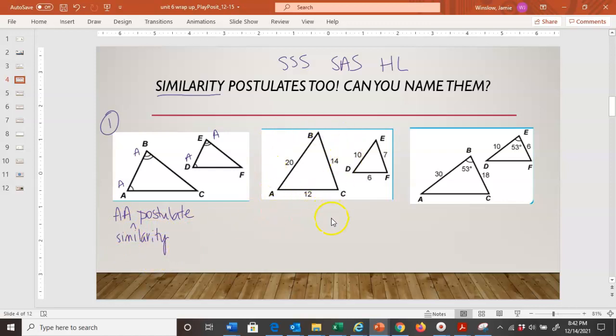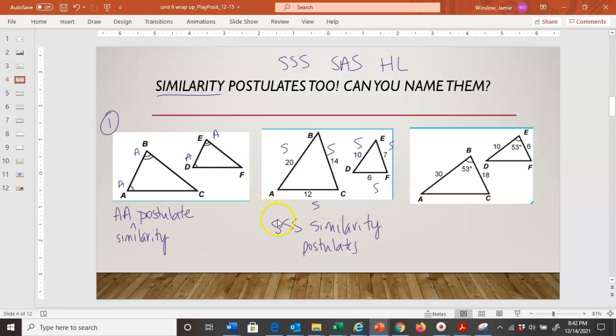How about this one? What do we have marked? We have a side, and a side. This is the side-side-side similarity postulate. And this is when the sides are proportional. You can see that these sides are not congruent, right? Because they're not congruent shapes. They're similar shapes.